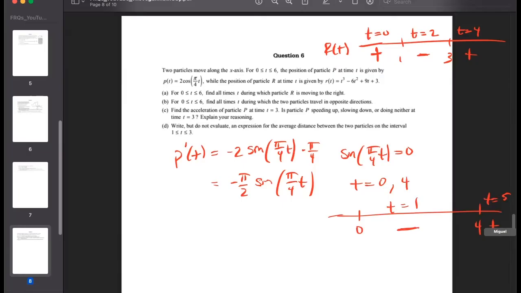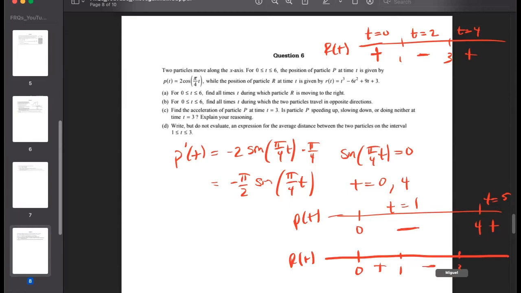So if I line this up with my other values, so this was 0, 1, 3, this is R of t, and the top was P of t. I have negative and positive. When is it moving in the opposite direction? Well, it looks like between 0 and 1, they have opposite values.